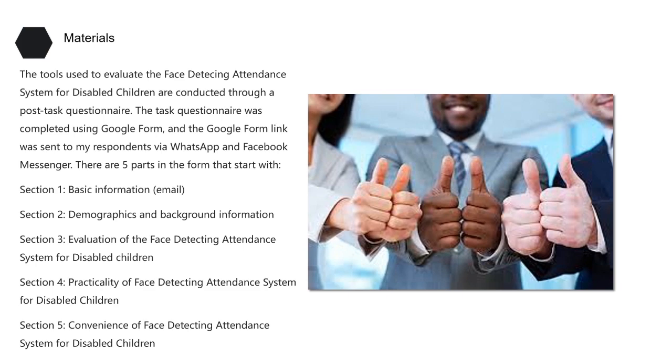Section 1 is the basic information, and the second is demographics and background information. Section 3, evaluation of the face detecting attendance system for disabled children. Section 4, practicality of the face detecting attendance system for disabled children. Section 5, the convenience of the face detecting attendance system for disabled children.